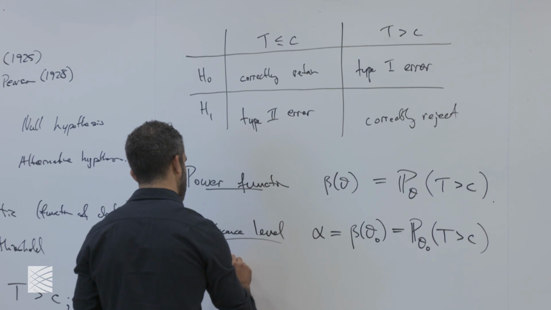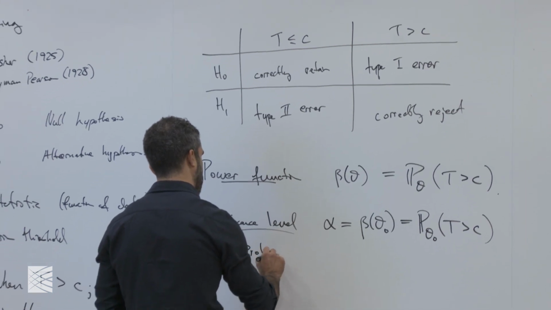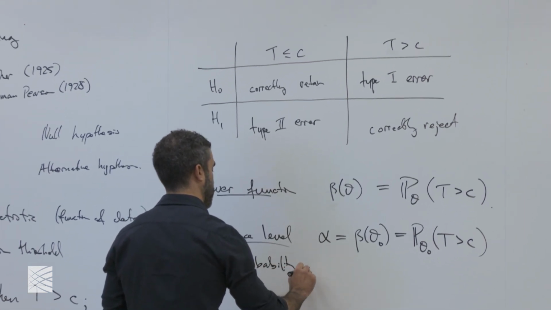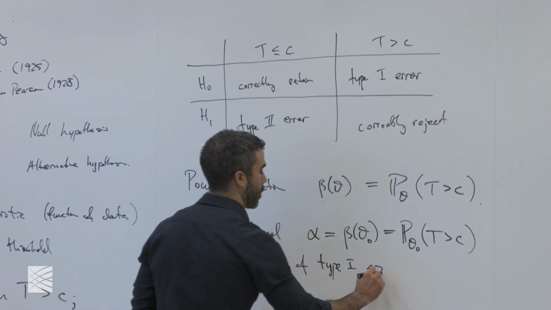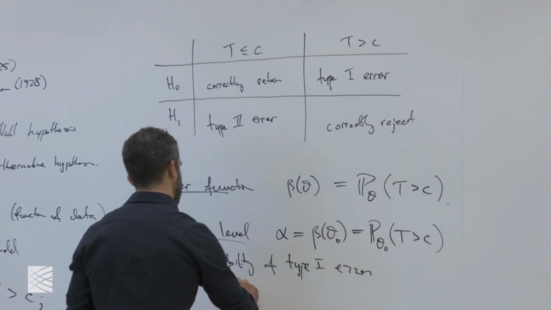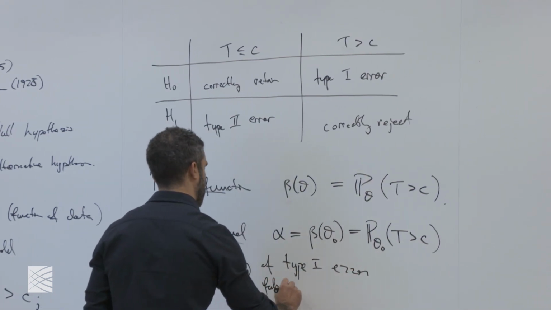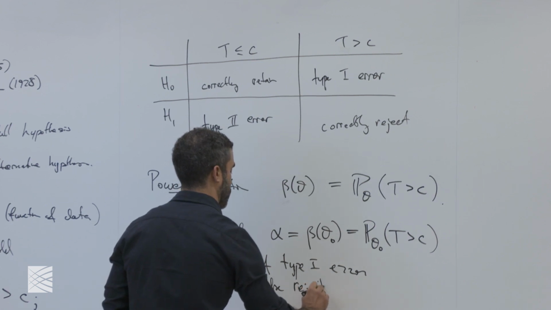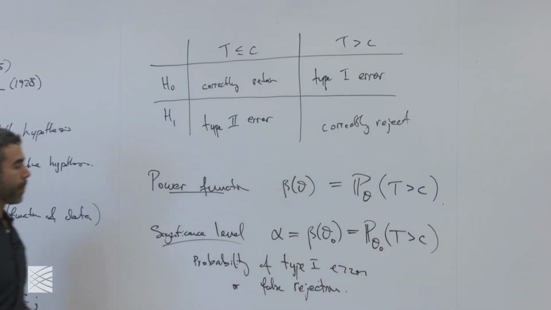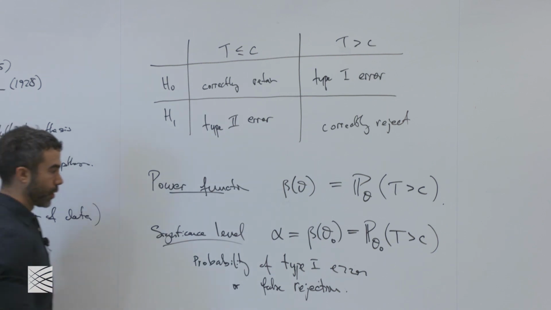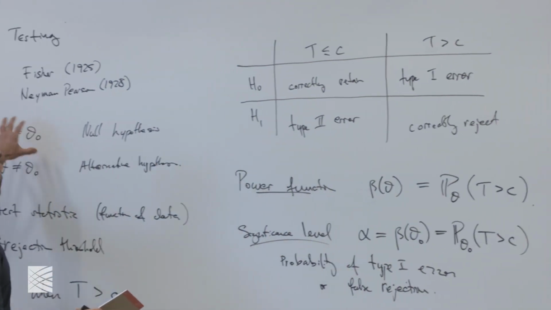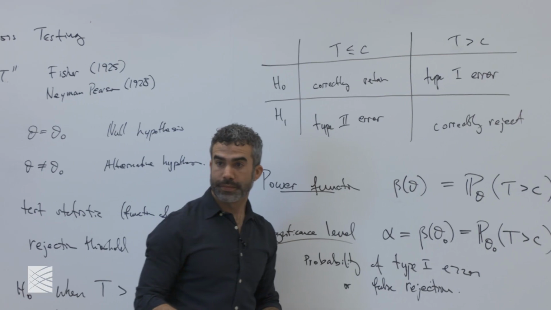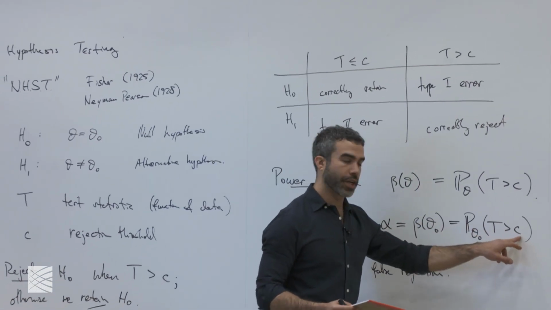So this is the probability of type 1 error or false rejection. And this is a property of the probability model and also a property of the test statistic and the rejection threshold.